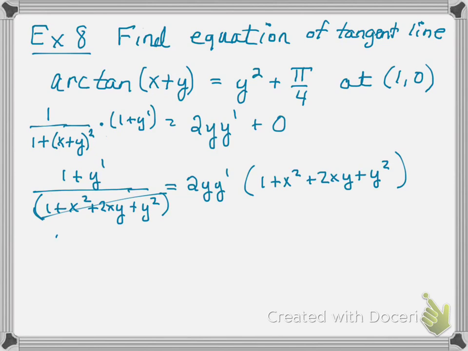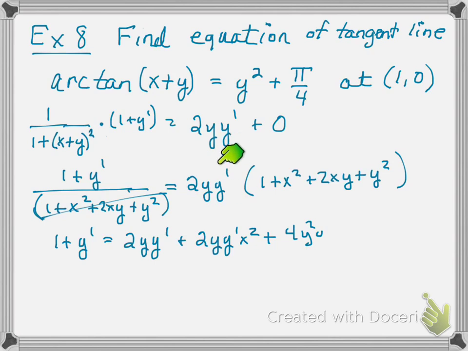Okay, so now I've got 1 plus y prime is equal to 2y prime plus 2y prime x squared, just using the distributive property here, for y squared, since I have a y in both spots. I have a y here and here, so I end up with a 4y squared, y prime, and an x.